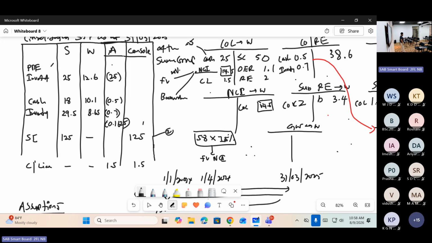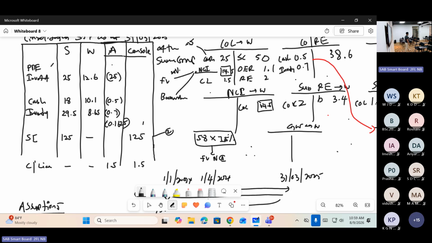Both done. Now we come to adjustment number 5. As of 31st March 2025, Sunny management identified 10% of receivables as an expected impairment loss, but this was not recorded in Sunny's books.